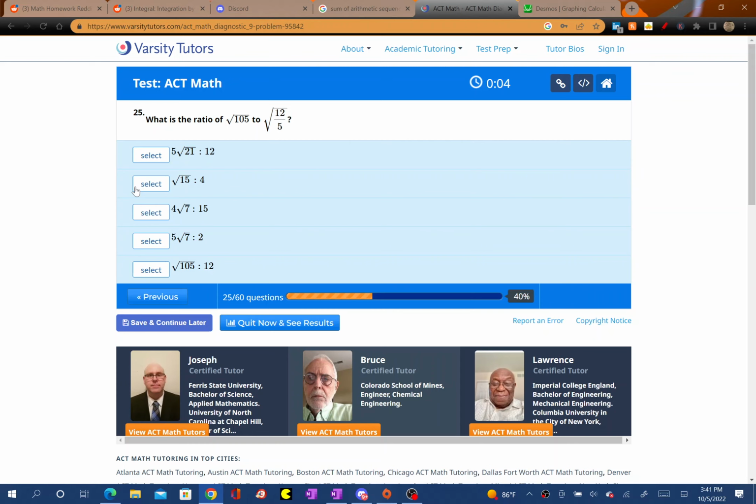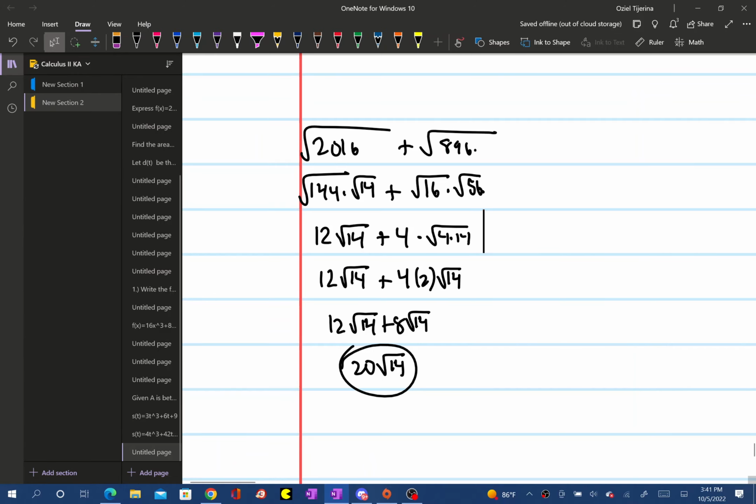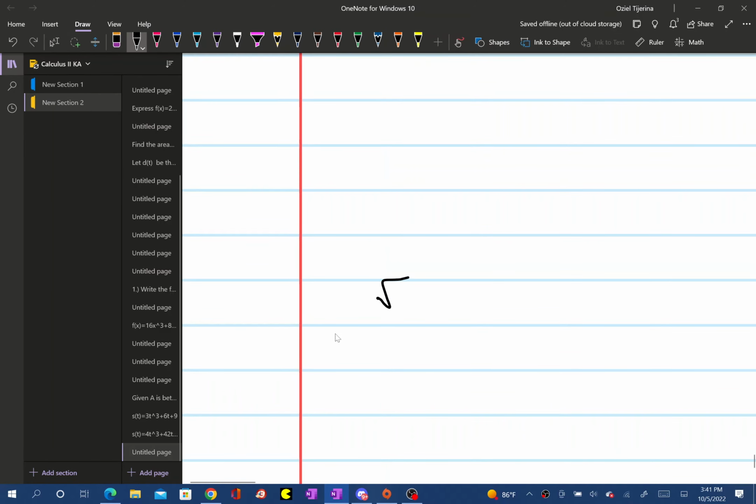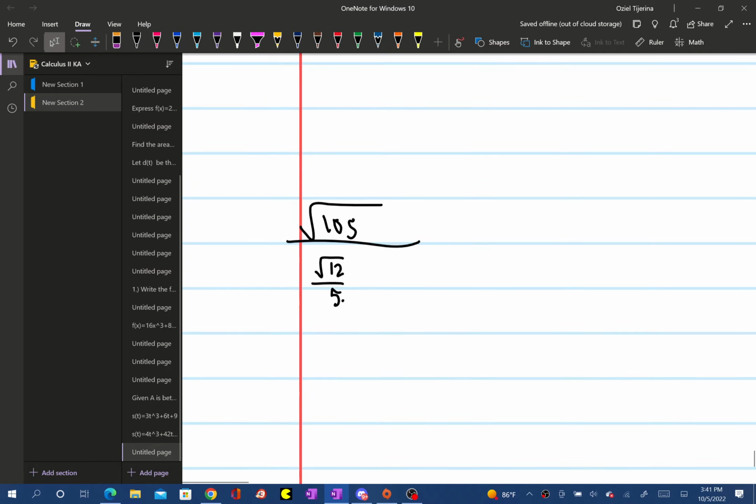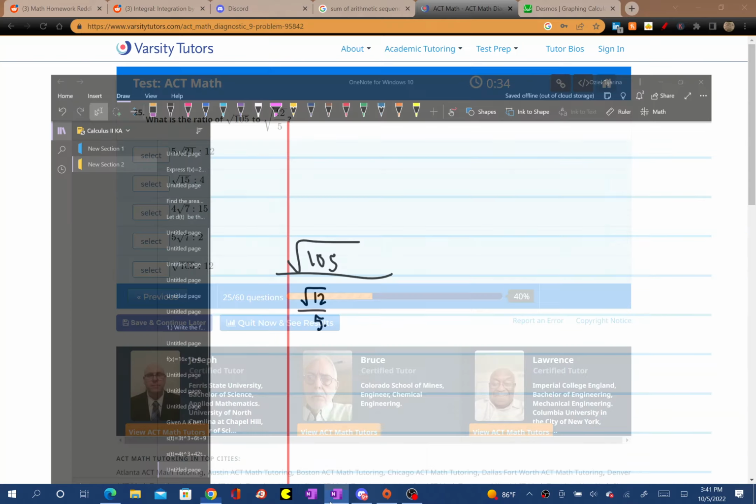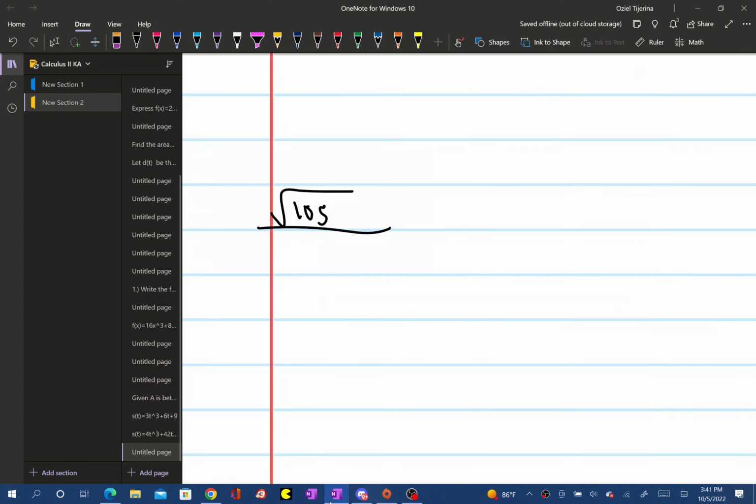What is the ratio of the square root of 105 to the square root of 12 over 5? My bad, it's a full square root.